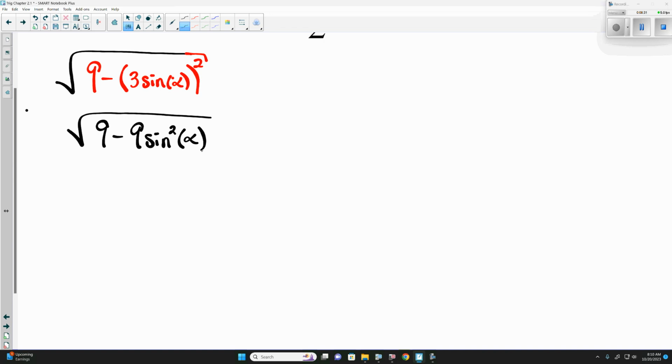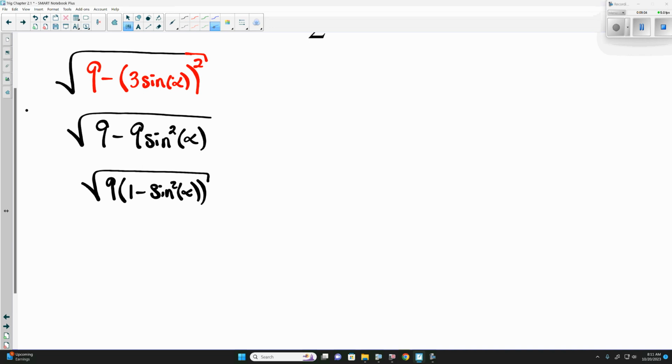Now we can square it since it's an individual term. Our 3 squared would be 9. Our sine squared is sine squared. Since they both have a 9 in common, I'm going to factor it out, giving us this here.